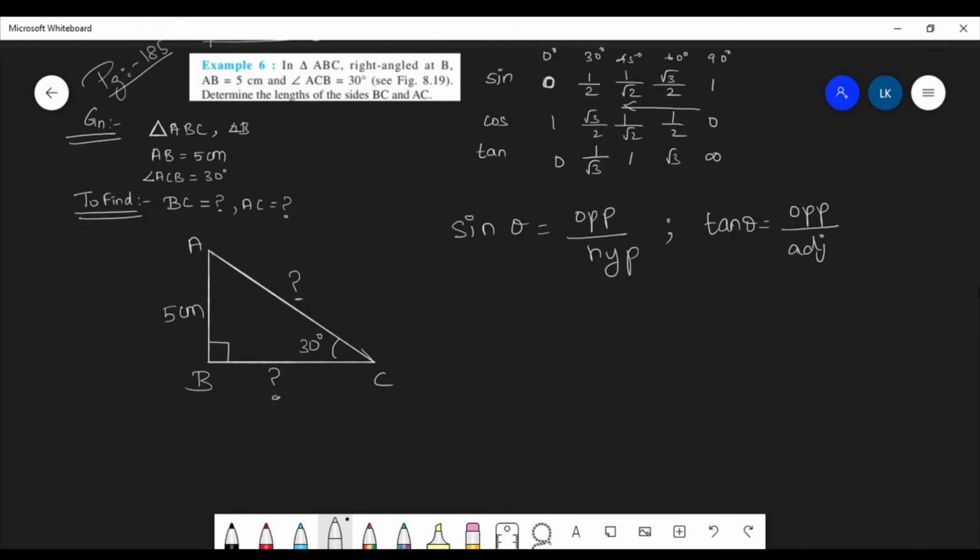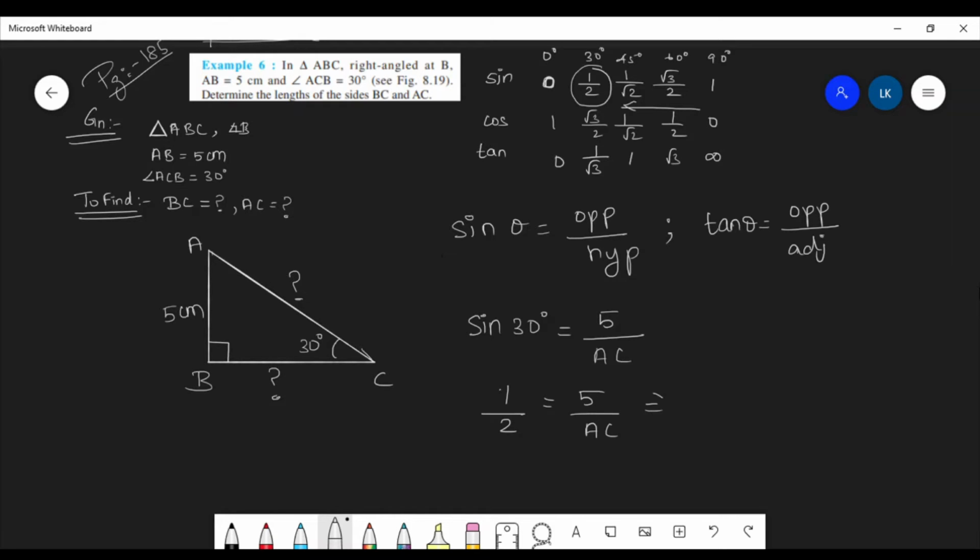Here angle 30 is given, so sine 30 degree is opposite side of 30 degree, 5 centimeter, by hypotenuse AC. Okay, therefore what is sine 30 degree? It is 1 by 2 from the tabular column. 1 by 2 is equal to 5 by AC.